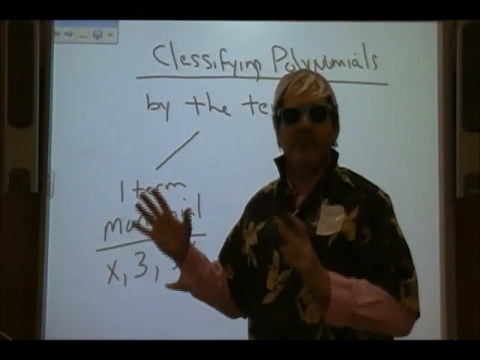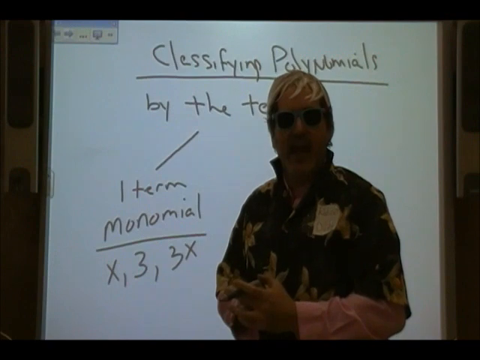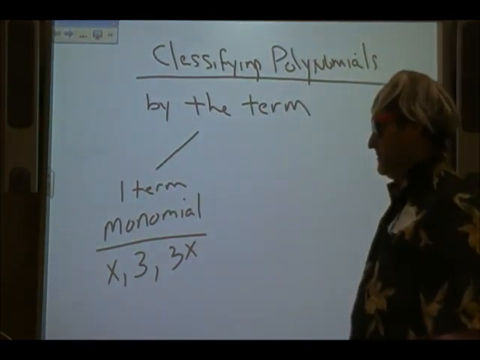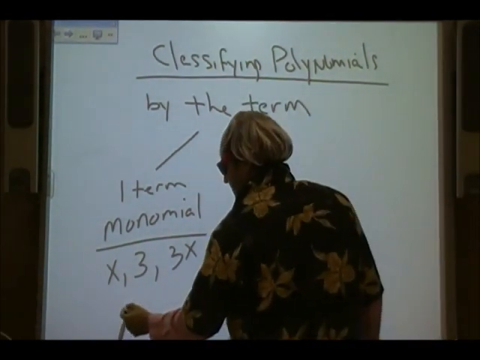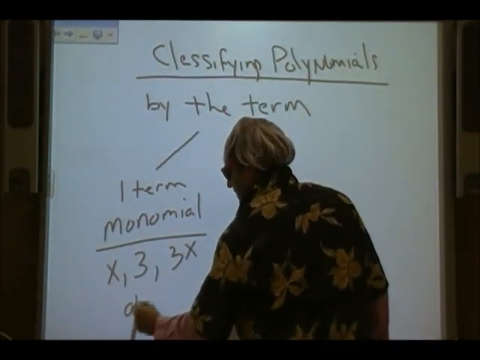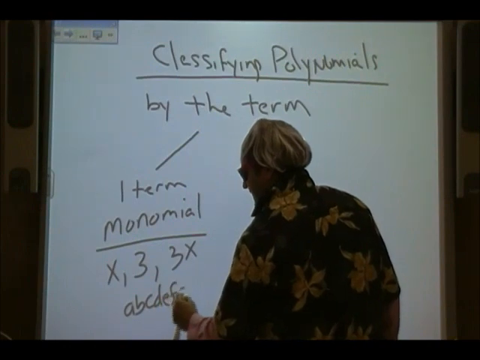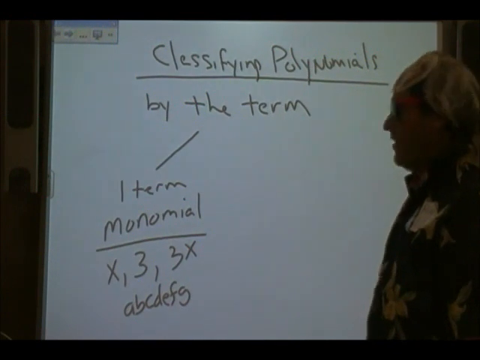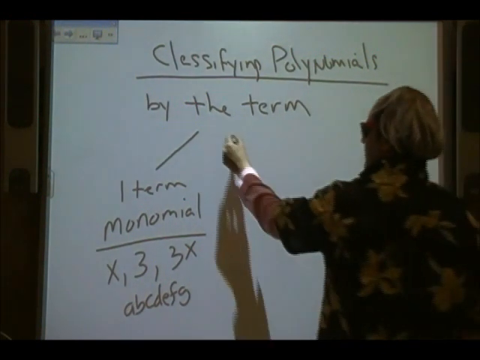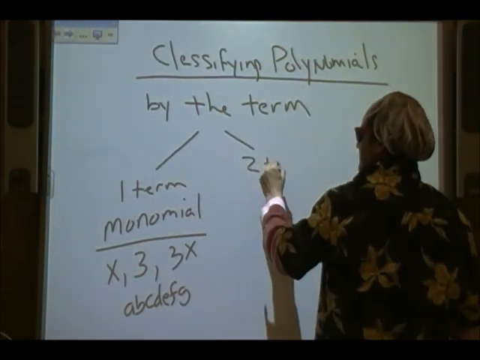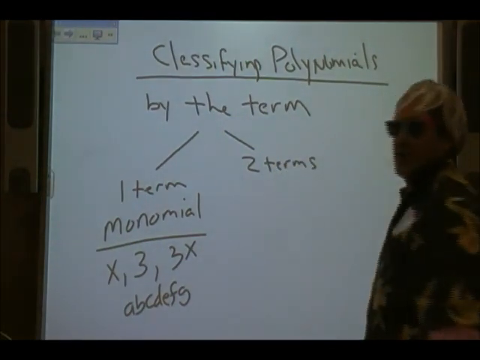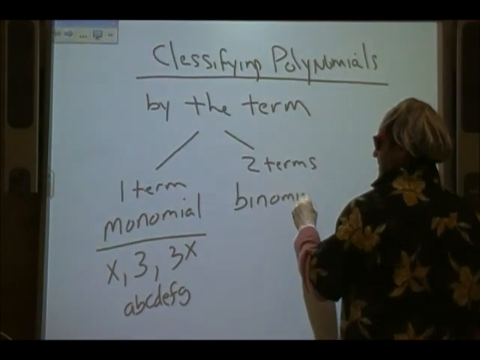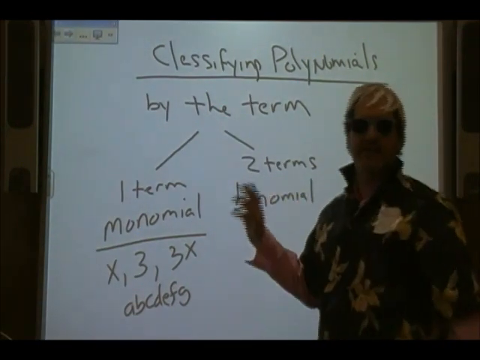As long as you put the numbers and letters together and there's no plus or minus in between, it's a monomial. So you could string as many letters as you want, A, B, C, D, E, F, G. That is still a monomial. Alright. Now, another way to do it is by two terms, and we call that a binomial, because bi means two.